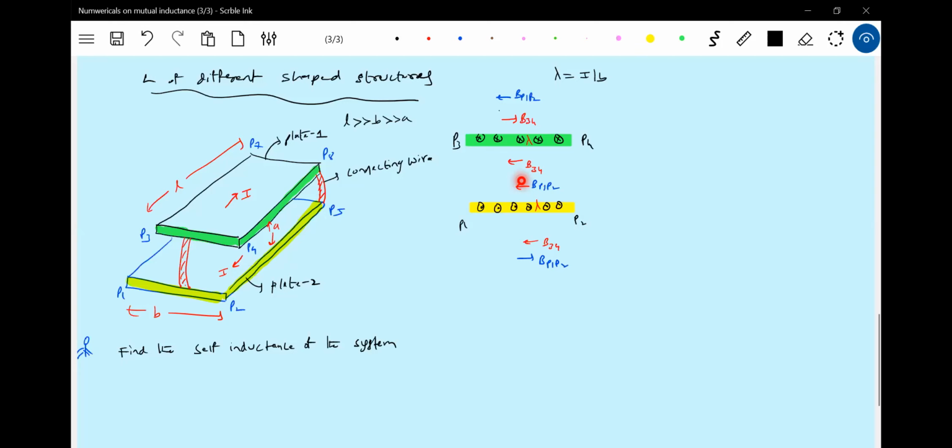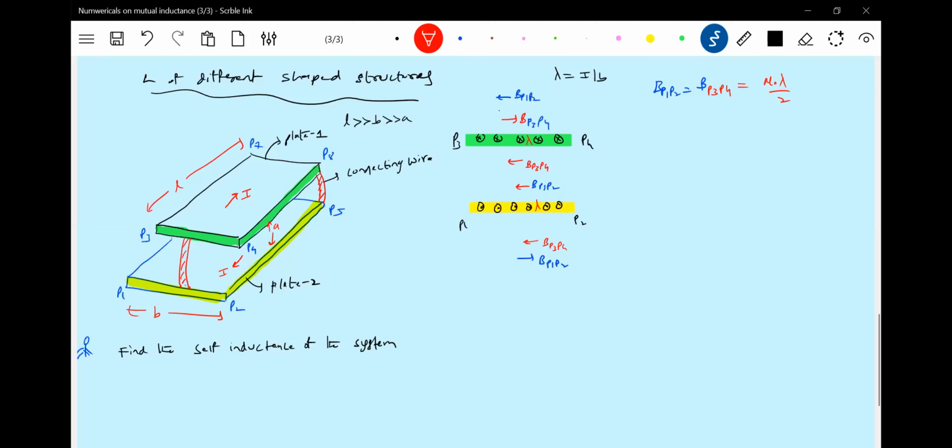What is our question? We have to calculate the self-inductance of the system. You have to get only the flux in all these problems. The field produced by P1, P2 is equal to that by P3, P4, and it is equal to mu naught lambda by 2.